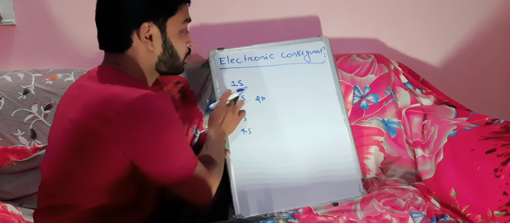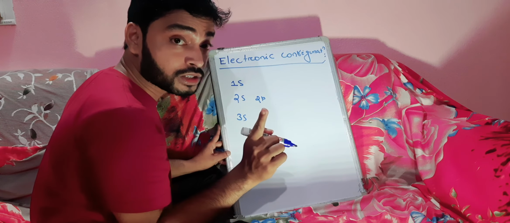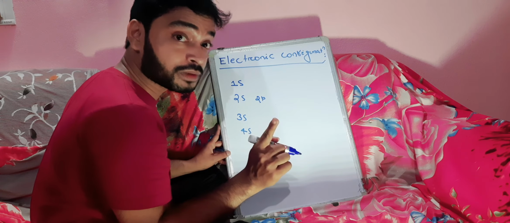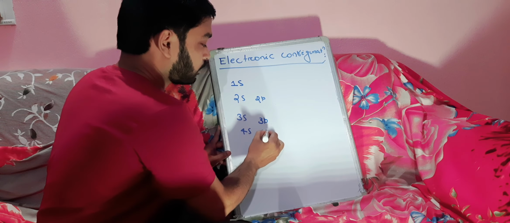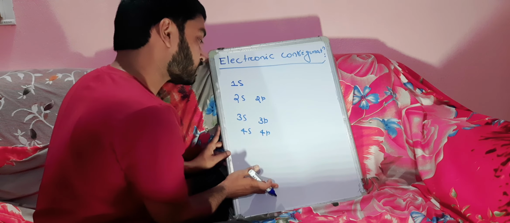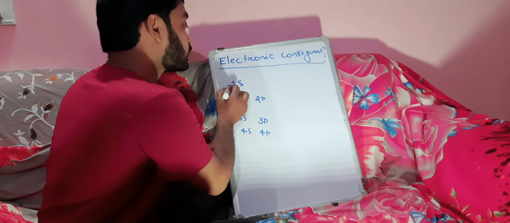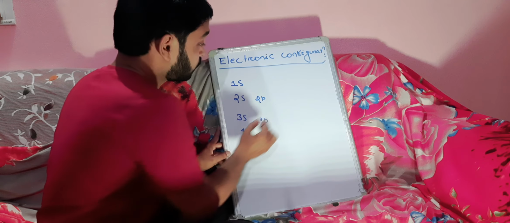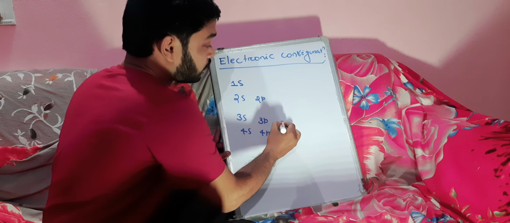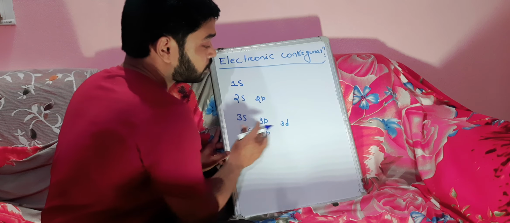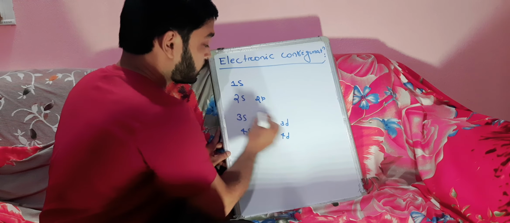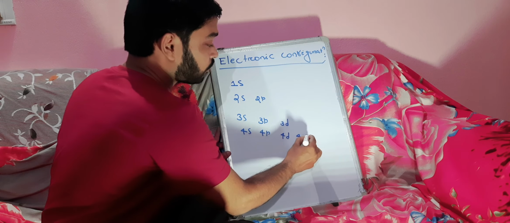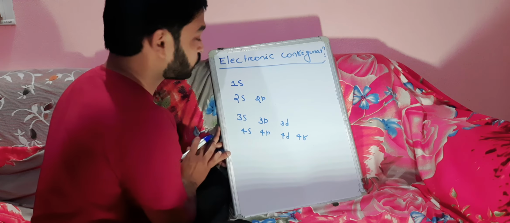There is no 1p because the starting n value is fixed and the ending n value is infinity. And 3p, 4p. Lower values are not present as the starting n values are fixed. In case of D, there is no 2d, no 1d because the starting n value is 3. So 4d. And similarly, the F has the starting n value of 4.